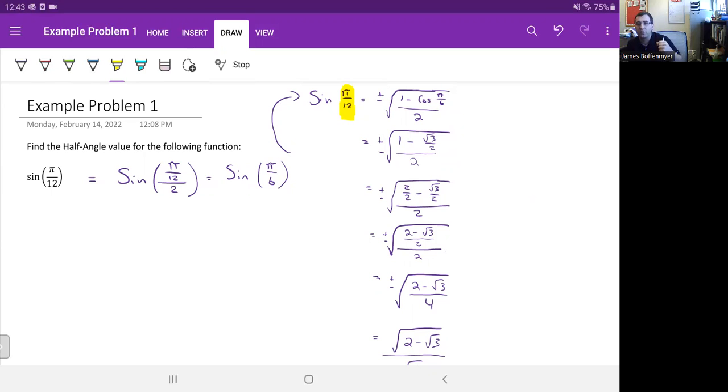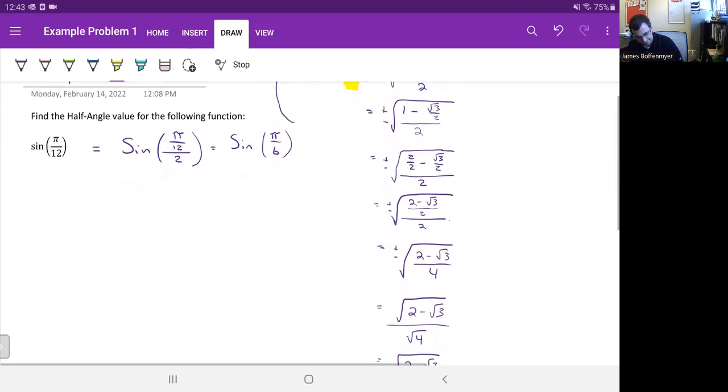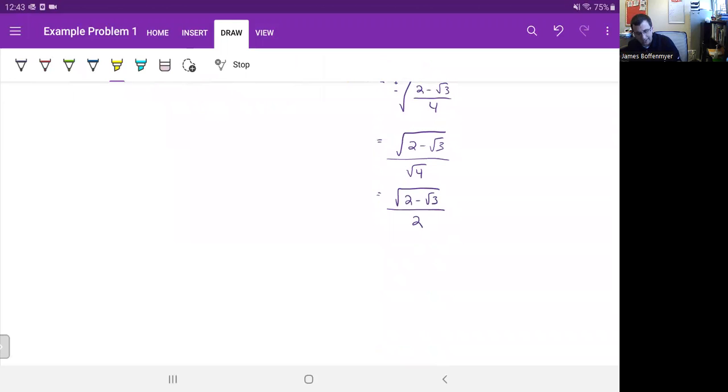All angles in the first quadrant are positive. So that's why in my mind, I did not take those plus and minus signs with me, because it is going to be positive. Okay. So right here, this would be your exact answer.